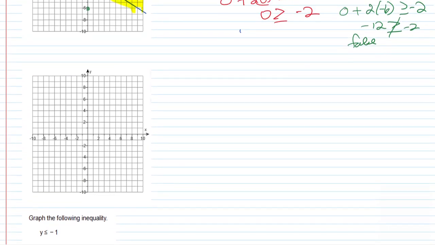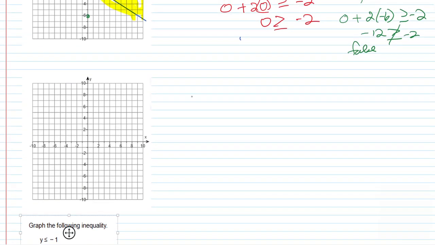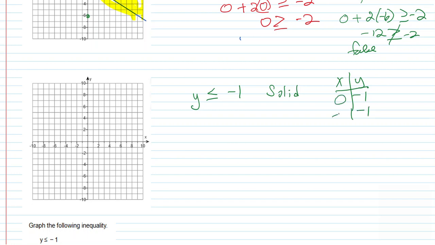So we want to graph this last one, which is y is less than or equal to -1. This is a solid line, and it is a function. It's a zero slope. So I have x and y is -1. So I can write any number for x, and y is -1.